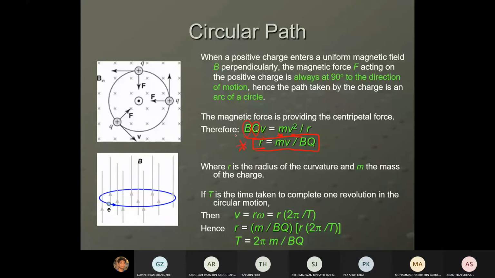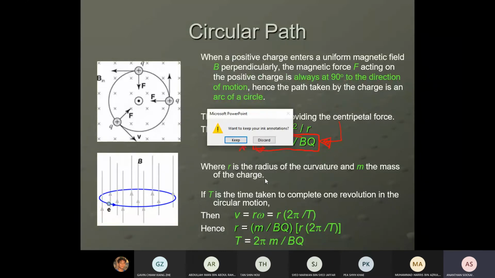Where do we use this information? Where do you think this idea is very useful? Finding the radius of the charged particle can tell us about the properties of the charged particle. You've heard of the cloud chamber?